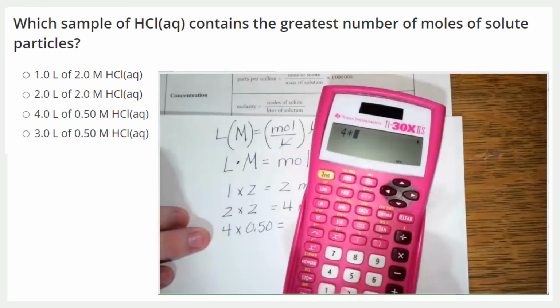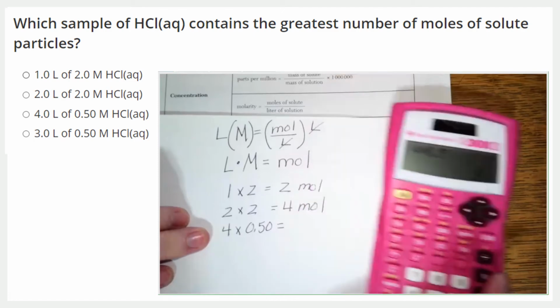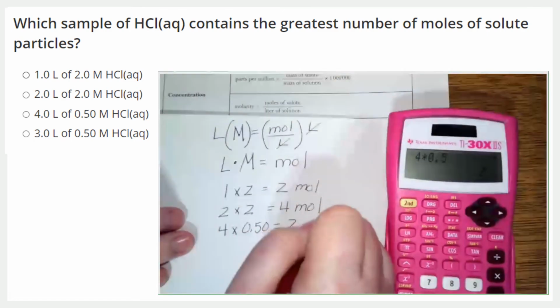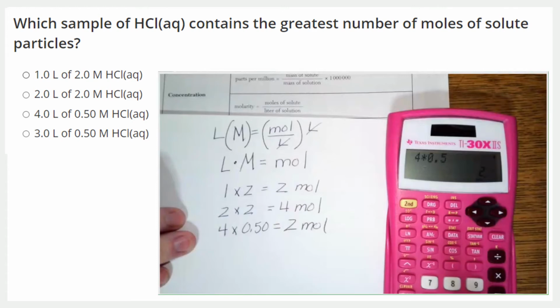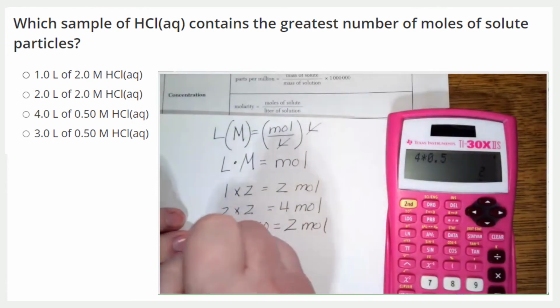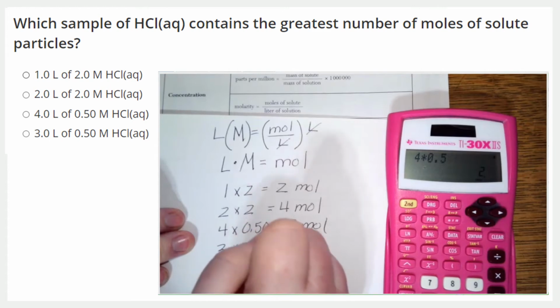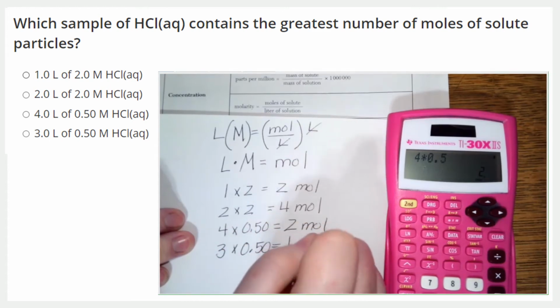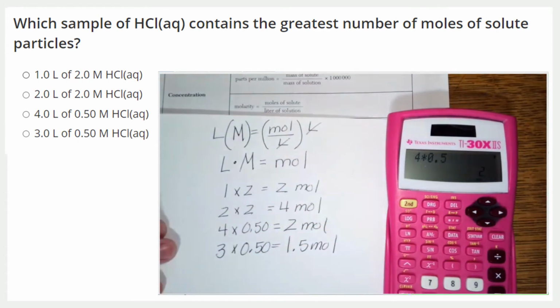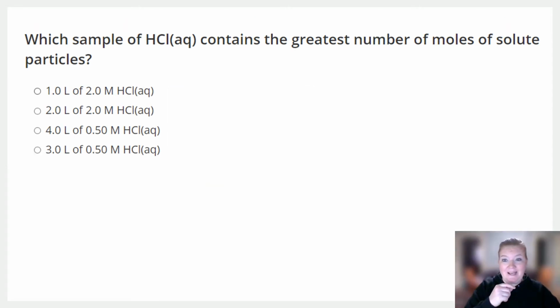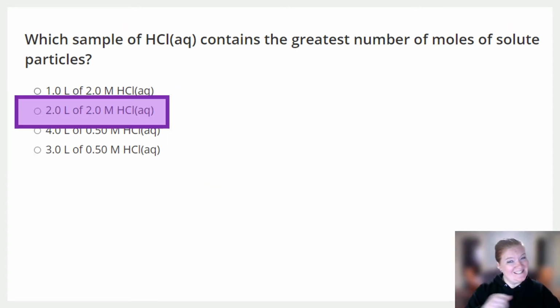So let's just double check. 4 times 0.5 is 2 moles. Well, I know that's wrong because I have 2 answers now that are 2. And then 3 times 0.50 is 1.5 moles. So now, easy peasy, should be able to figure out which one has the greatest number of moles. We figured it out. There's the answer.